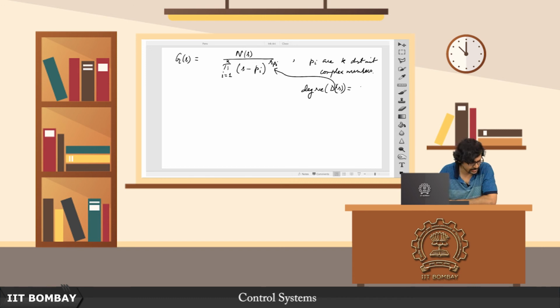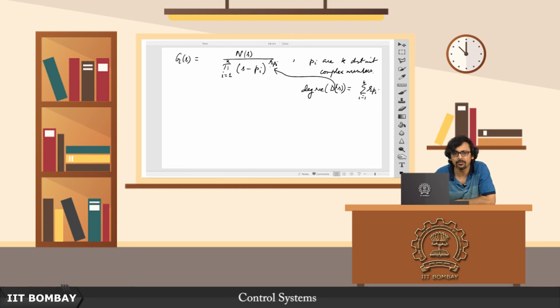So the degree of D(s) is nothing but the summation of r_{p_i}, i equal to 1 to k. So we are admitting the possibility that some of these poles might be repeated r_{p_i} times. The ith pole is repeated r_{p_i} times. If it appears only once, then r_{p_i} is 1 for that particular pole p_i. If it is repeated, let us say twice or thrice, then r_{p_i} will be 2 or 3 accordingly.